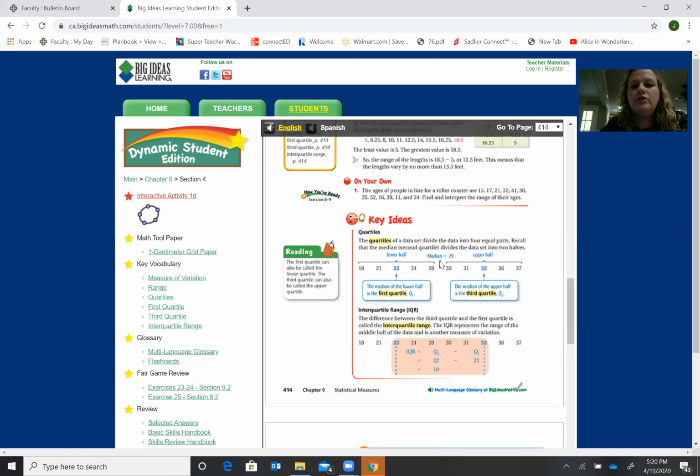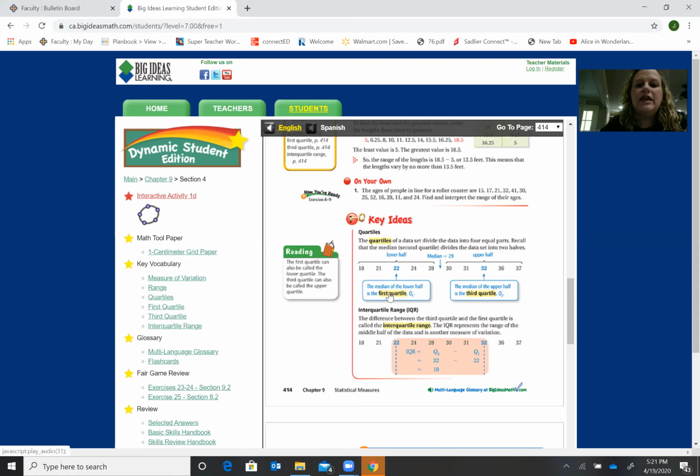Now, in order to find your first quartile, that's everything from the beginning of the data to the median. See how they made this nice little bracket here? That's called the lower half for the first quartile. And then this is the upper half or the third quartile. First, median is second, the upper half is third.